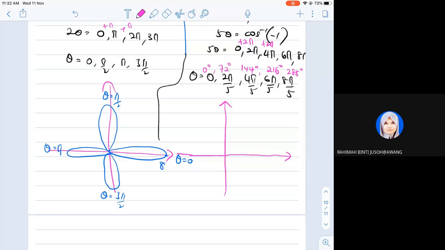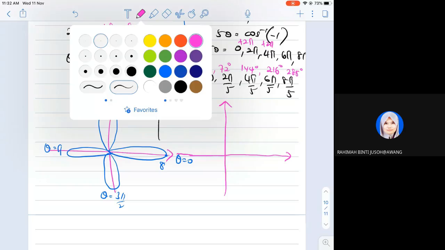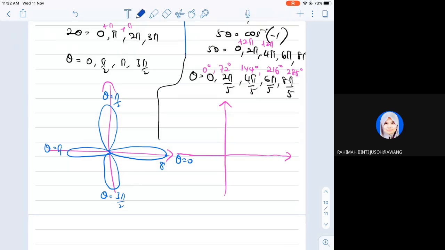So the positions: first 0, of course. This is theta equals 0. And then 72 degrees, of course, in the first quadrant here. Theta equals 2 pi over 5, 72 degrees. And then 144 degrees, 4 pi over 5, from here.